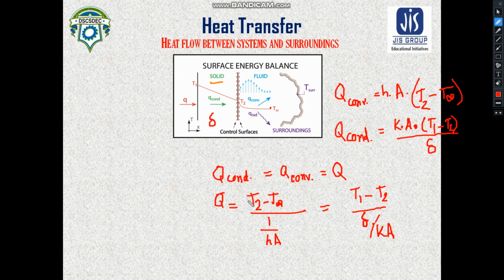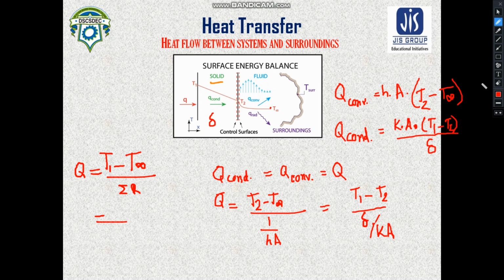If you want to find out this heat transfer in terms of temperature T1 and this final temperature, then what will be the equation? It is simple again. T1 minus T infinity and the summation of thermal resistances.